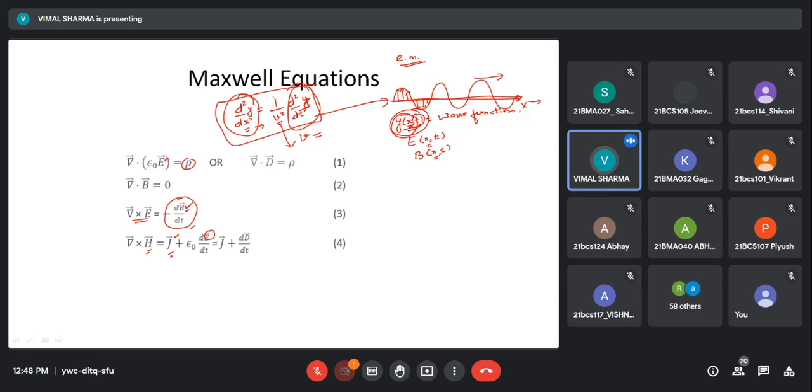If I replace y, the wave function, by E, the electric field component of the electromagnetic wave, it becomes the wave equation for the E component. If I replace y by B, that will give you the wave equation for the magnetic field component of the electromagnetic wave.